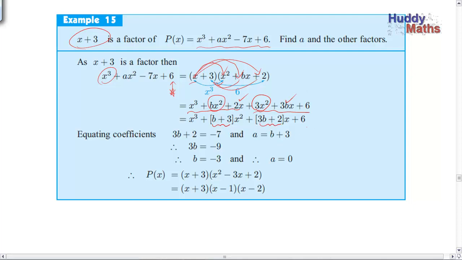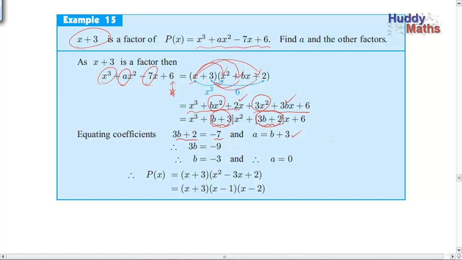And now, therefore, we can start to equate. The x squared term over here is a, and the x squared term over here is b plus 3. So a equals b plus 3. And then the x term over here is -7, and over here is 3b plus 2. So 3b plus 2 must equal -7.